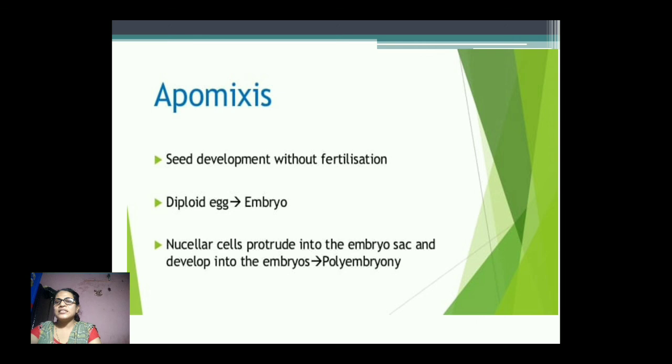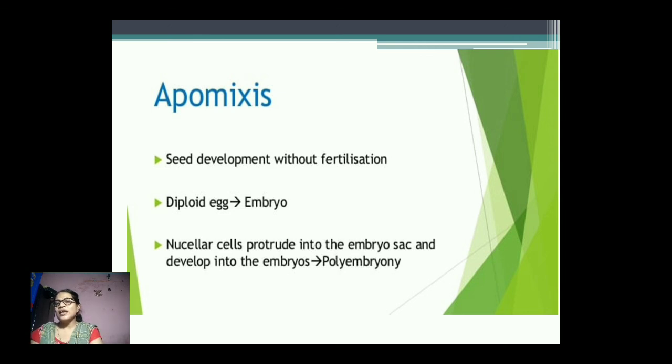Then apomixis, seed development without fertilization. When the pollen enters and the pollen contains gametes and fuses with the egg and fertilization occurs, it is known as seed produced. But seed development without fertilization is known as apomixis. A diploid egg is produced, and if a diploid egg is produced, it develops into an embryo.